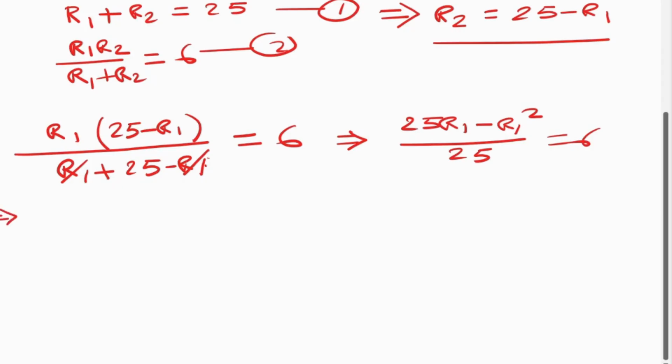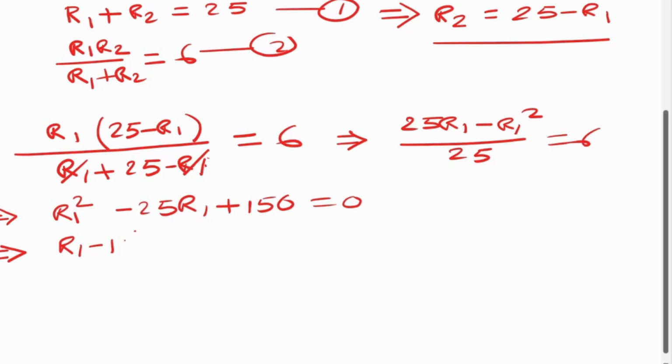So after reducing, the equation becomes R1 square minus 25 R1 plus 150 equals 0. So using the middle term factors, we have R1 minus 15 into R1 minus 10 equals 0.